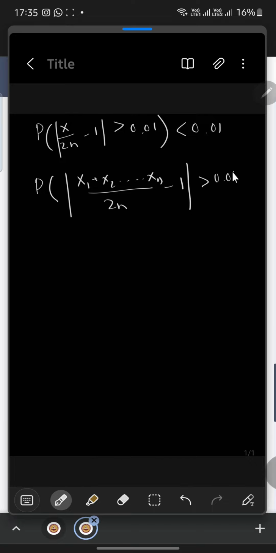Now I'll be using all the values: x1 plus x2 up to xn by 2n minus 1, mod is greater than 0.01, is less than 0.01. Perfect.